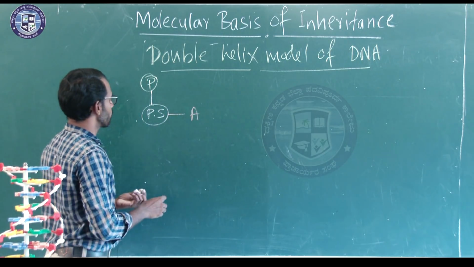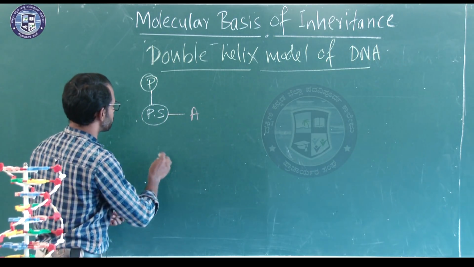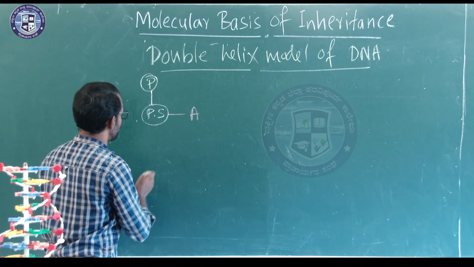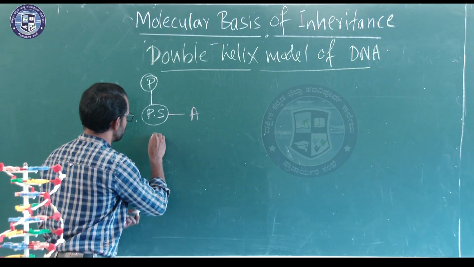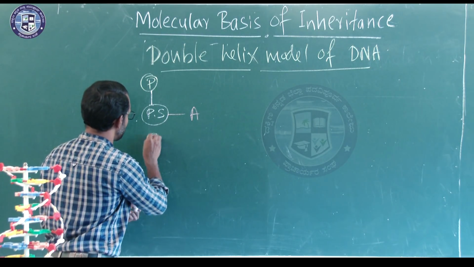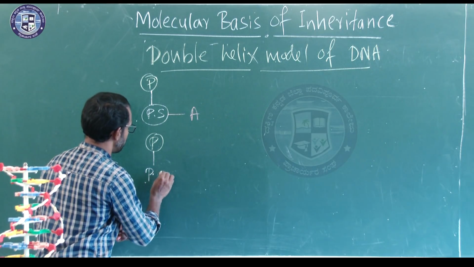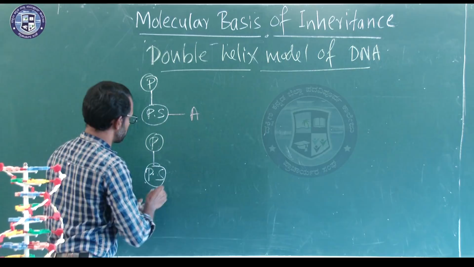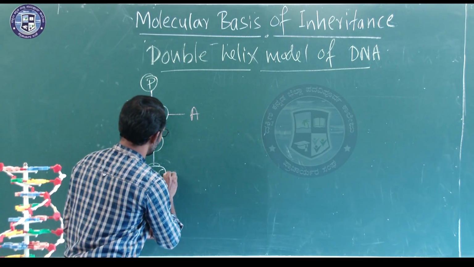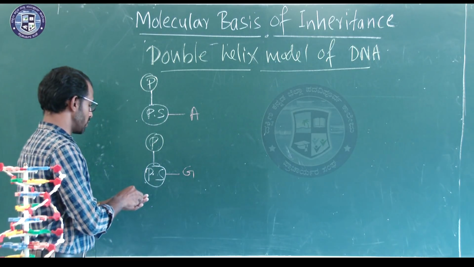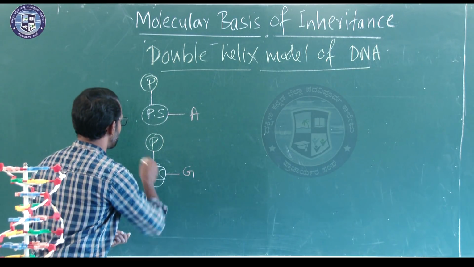Once again, you will find the phosphate group between two nitrogenous bases, and a pentose sugar joined with a nitrogenous base, and the pattern will continue.